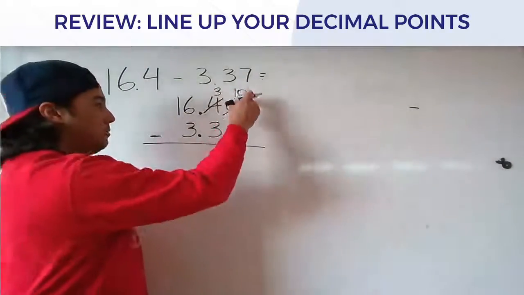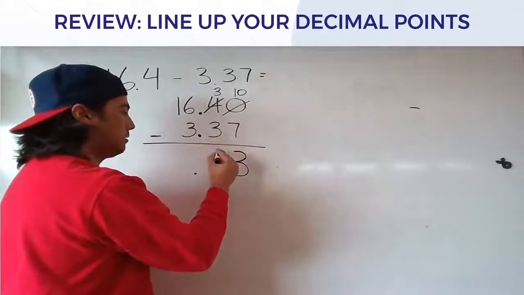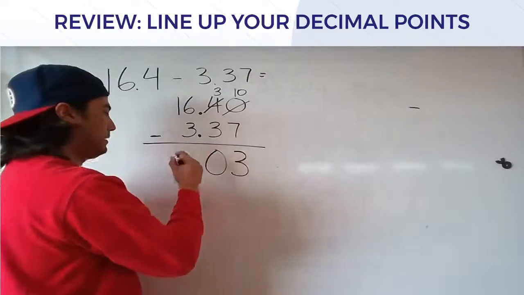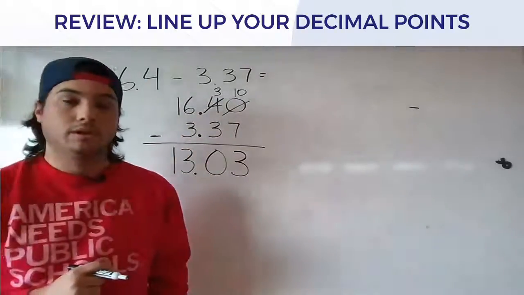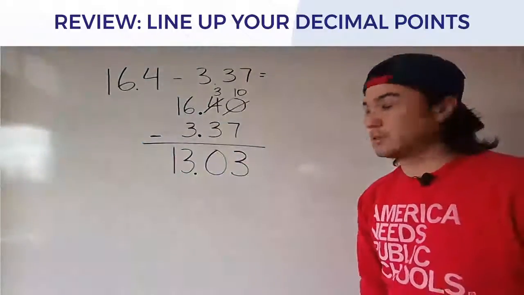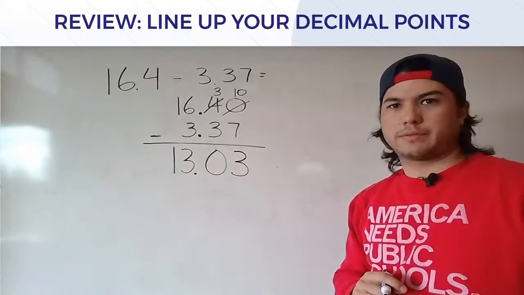Now I can do 10 minus 7 is 3. 3 minus 3 is 0. And then 16 minus 3 is 13. So we end up with our accurate answer of 13 and 3 hundredths, right?